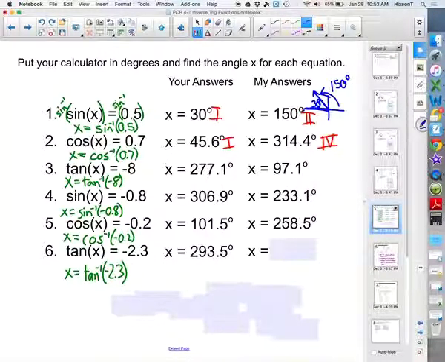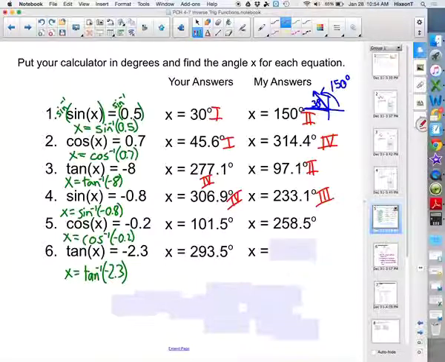Tangent is negative in which two quadrants? Second, fourth. Sine is negative in which two quadrants? Third and fourth. Cosine is negative in which two quadrants?